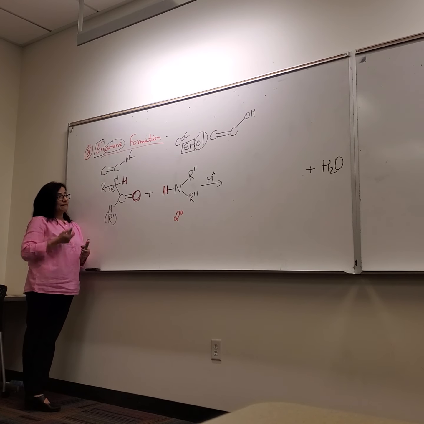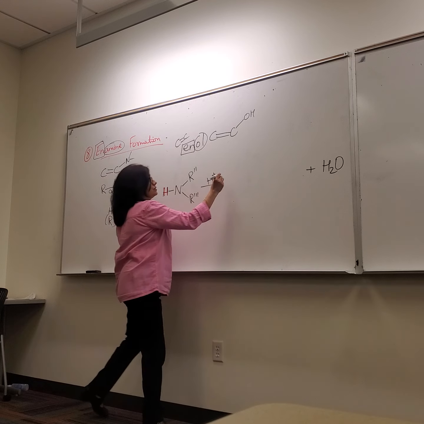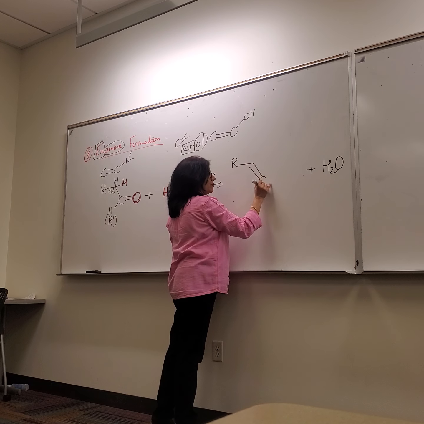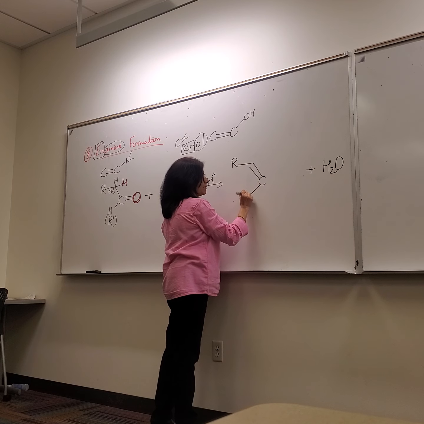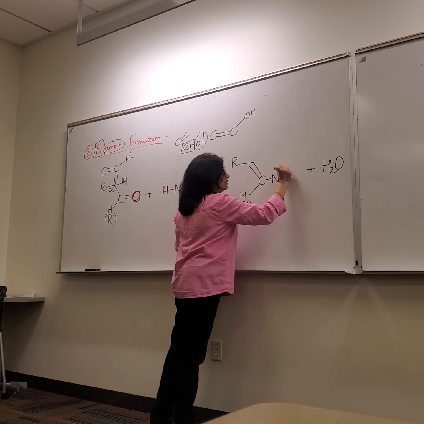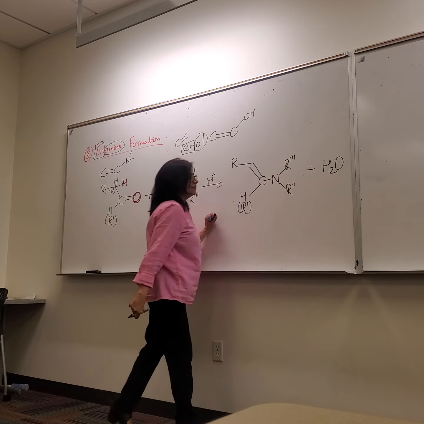Guesses? The bond between the C and the H being removed becomes a double bond. Okay, so this becomes a double bond? Yes. And then the carbon will be single bonded with the nitrogen. Exactly, and whatever is on the nitrogen already.